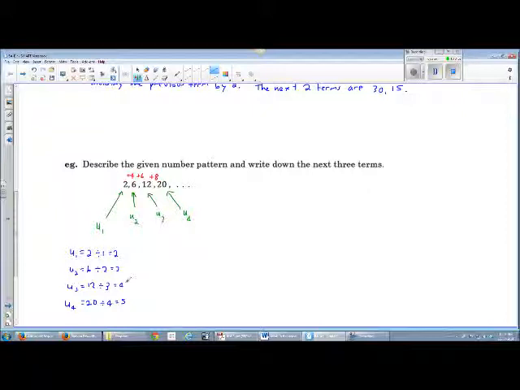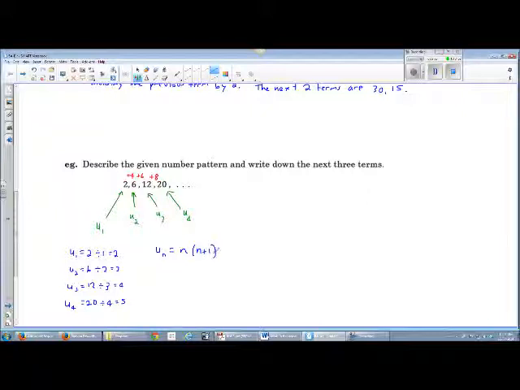So let's try this. Maybe if I were to write a general term, or some sort of description, I would say that each term could be developed by multiplying the term number by the term number plus 1 more. Maybe that would work. Let's give that a try.